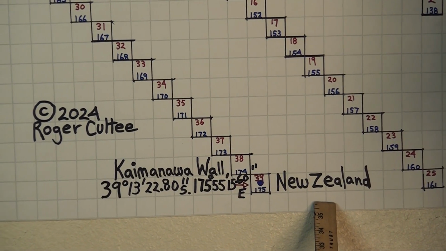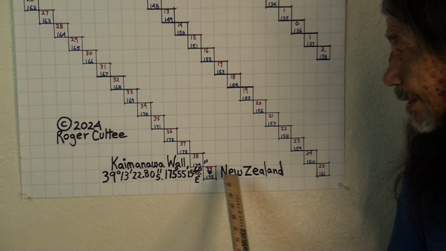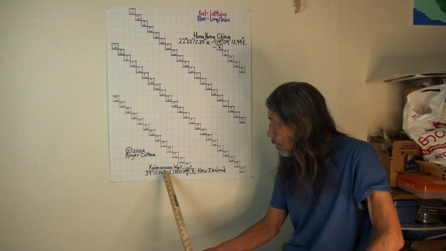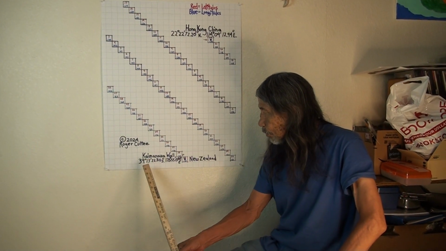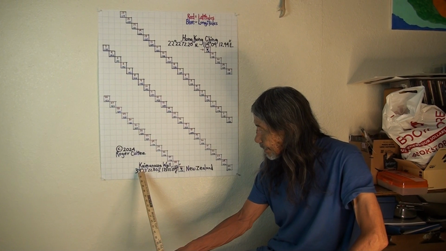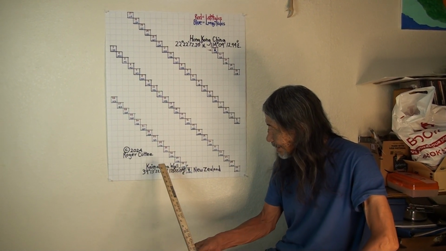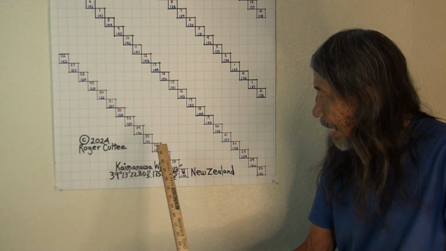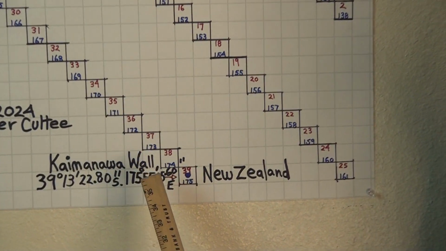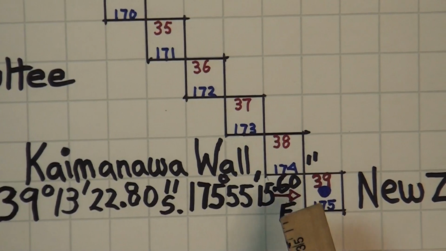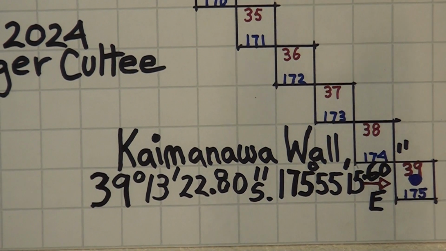It's been going round and round that the Kaimanawa Wall, which is located at 39 degrees, 13 minutes, 22.80 seconds south, and at 175 degrees, 55 minutes, and 15.60 seconds east.